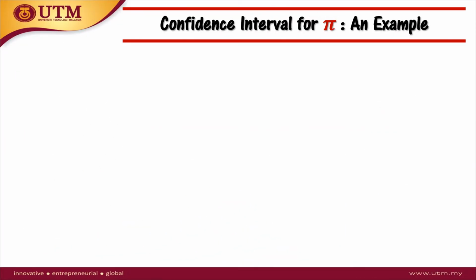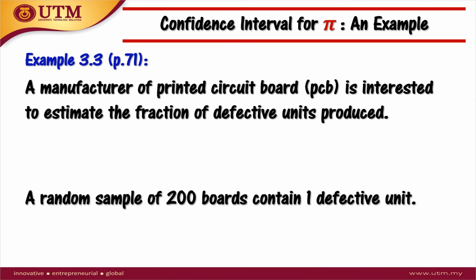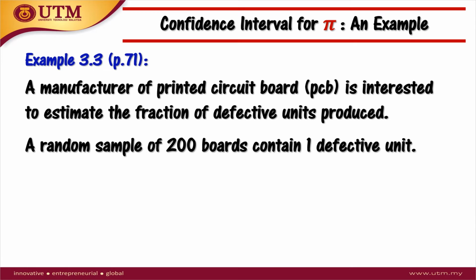Let us look again at example 3.3 in page 71, related to the proportion of defective units produced by a manufacturer of printed circuit board, PCB. We are still dealing with a random sample of 200 boards containing one defective unit.